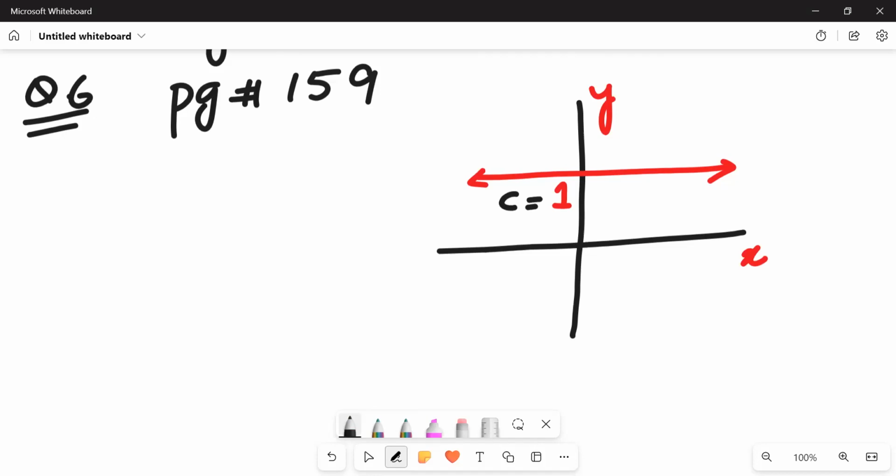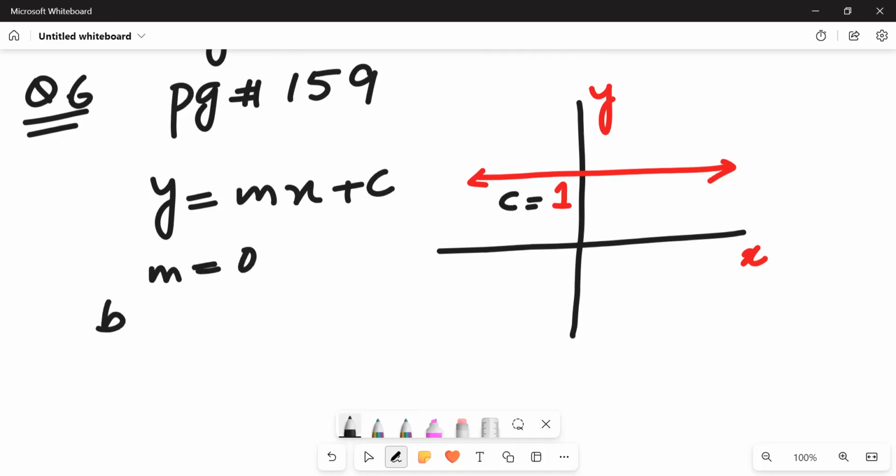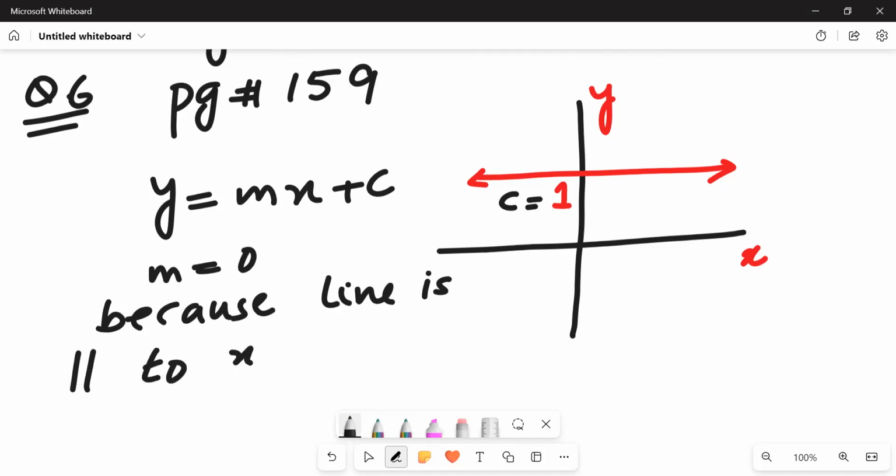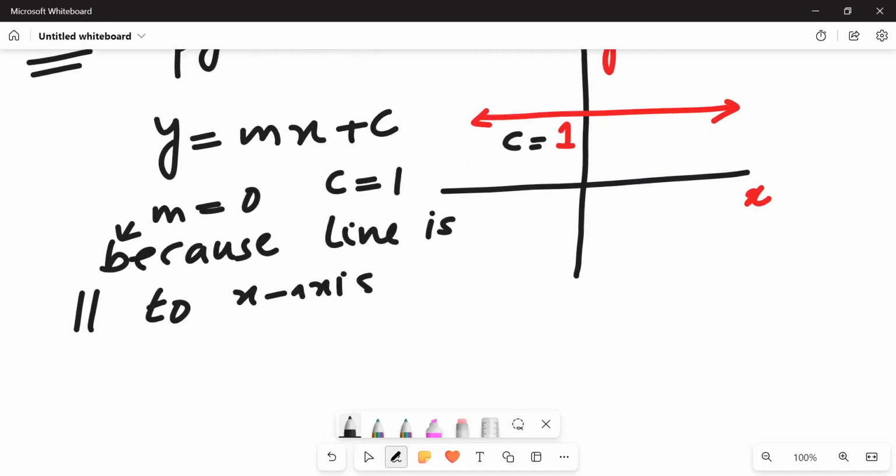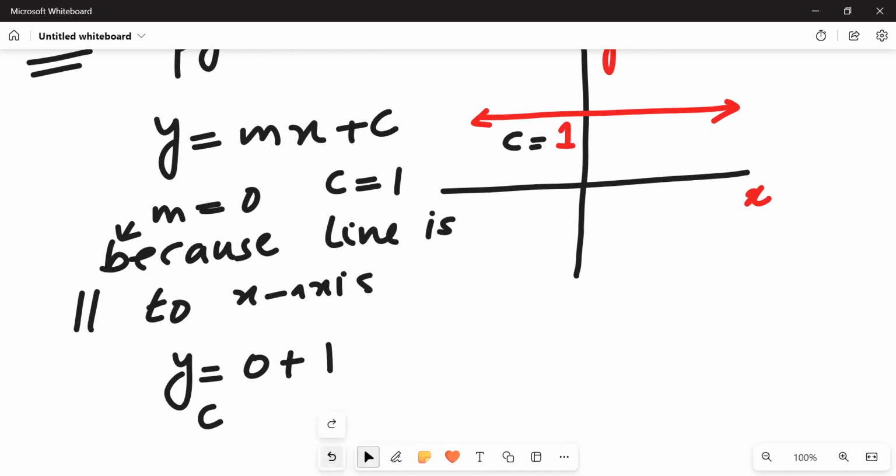What will be the equation of the straight line? y = mx + c. m is 0 here because the line is parallel to the x-axis, and c is equal to 1. So y = 0 + 1, that is, y is equal to 1.